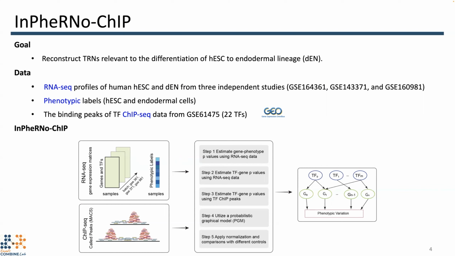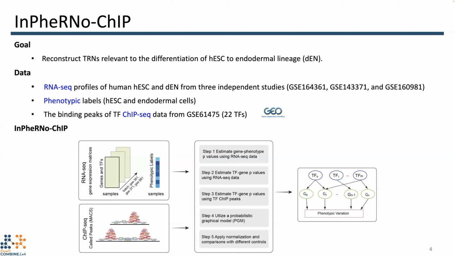In step 1, we perform differential expression analysis on the integrated gene expression datasets to obtain p-values that reflect how much a gene is differentially expressed in human embryonic stem cells versus endodermal cells. In steps 2 and 3, we obtain 2 sets of p-values of TF-gene associations from ChIP-seq and RNA-seq data.